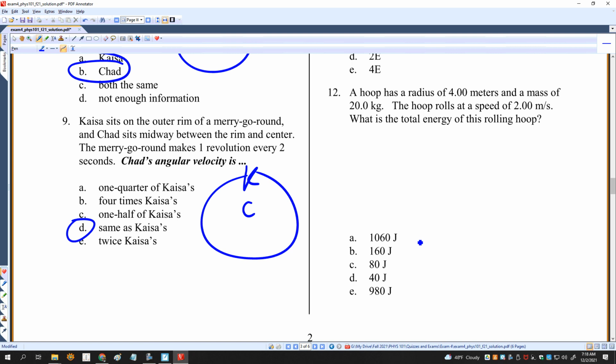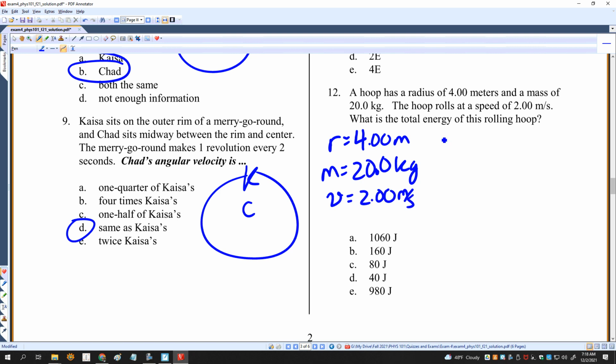All right, a hoop of radius 4 meters and mass of 20 kilograms rolls at a speed of 2 meters per second. I don't know the total energy. The total energy is equal to the kinetic energy rotational plus translational.